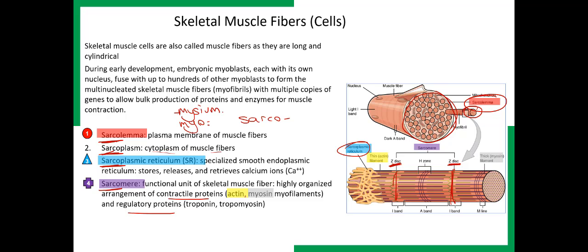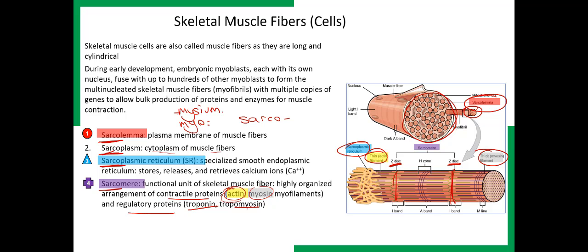The two contractile proteins that I'm going to talk about next are actin and myosin. Actin is the thin filament, myosin is the thick filament, and the two regulatory proteins that I'm going to talk about 2 slides from now are troponin and tropomyosin.